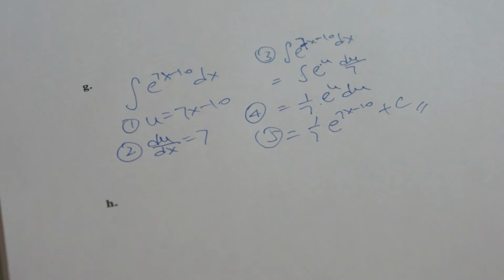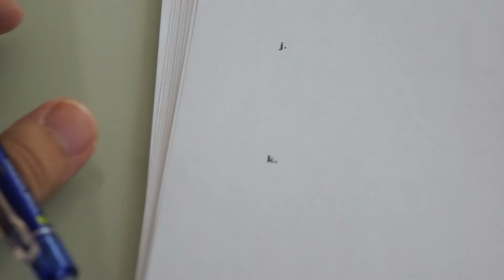In some other cases, you can also use the method by substitution, as you can see in the result of part L. I have shown you part K, but this is part L. So we will see how to get the result.